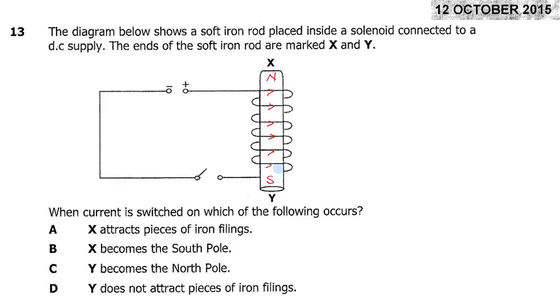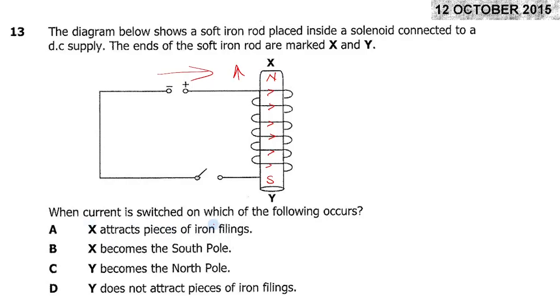Because when you curl the fingers of your right hand in the direction of the current, your thumb points this way, and where the thumb points, that's where the north is.